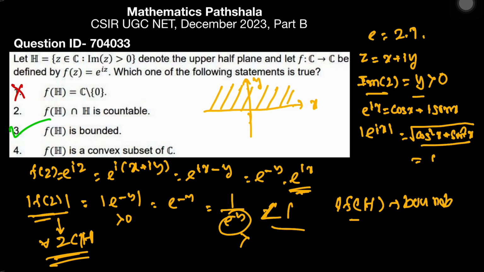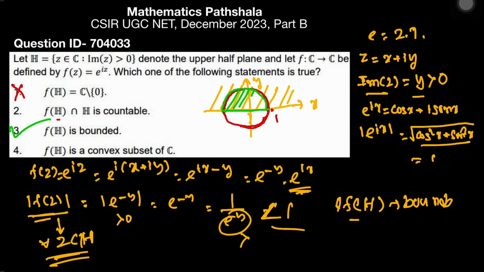In option 2 what is said? f(H) intersection H is countable. So what is f(H)? f(H) is basically mod of f(z) less than 1, that means the unit circle, radius is 1. So if this is 1, this is basically f(H). Now f(H) intersection H is the upper half plane part, so it will be the upper half circle like this.